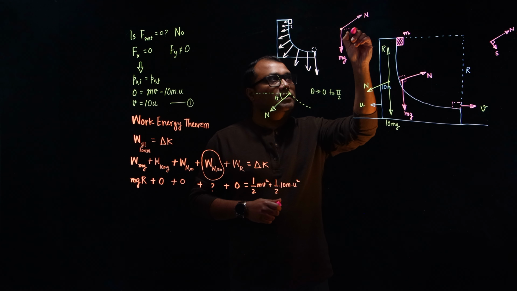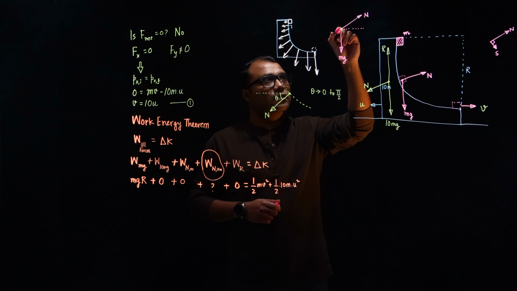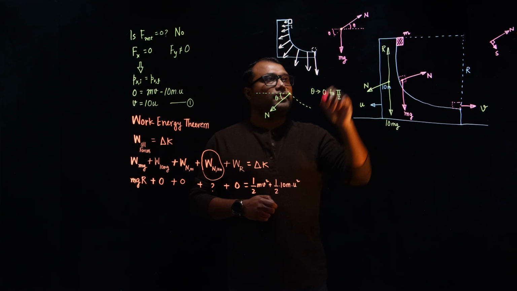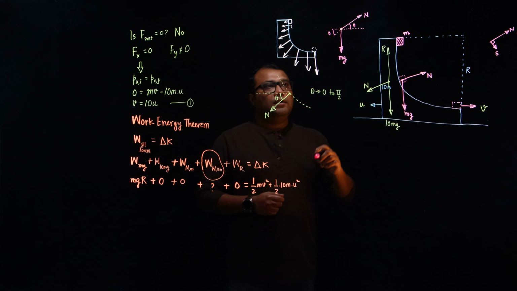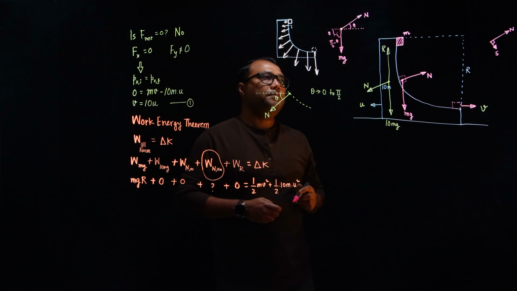If I draw the same horizontal here, we said this angle is theta, so this angle is now theta, and obviously this is 90 minus theta, pi by 2 minus theta.